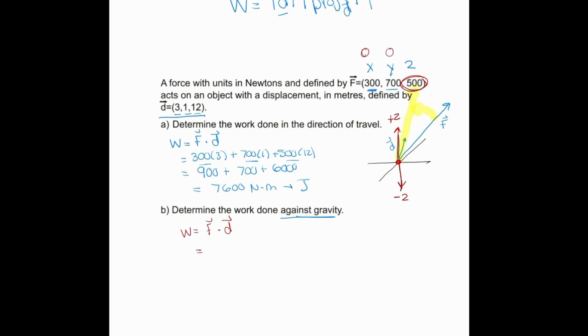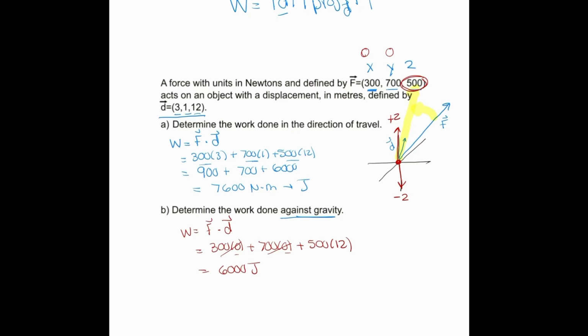So we would have 300 times 0 plus 700 times 0, because we don't have any displacement in the x and y direction when it comes to gravity. But what we do have is 500 newtons of force acting in the z direction, and the displacement in the z direction was 12 units. So we are left with 6,000 joules of work being done in the z direction of this vector, opposite to gravity.